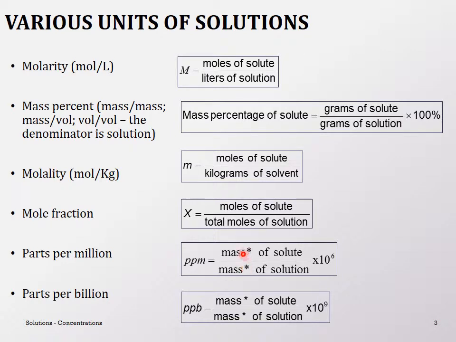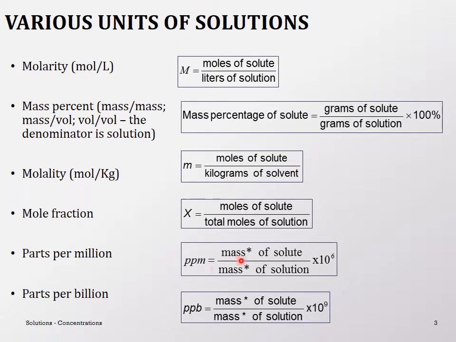For example, a mass of 1 microgram over 1 kilogram might lead you to have a billion, or ppb. So again, ppm and ppb are going to be ratios. They're not units, so you have to put your own units there.